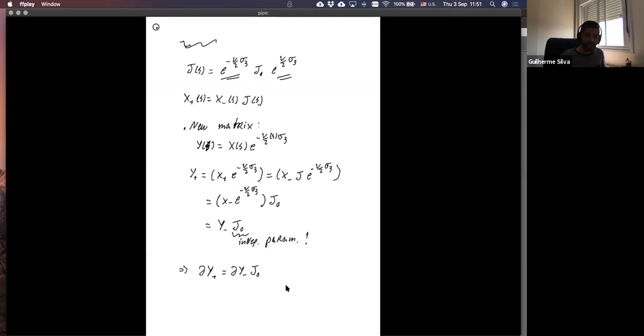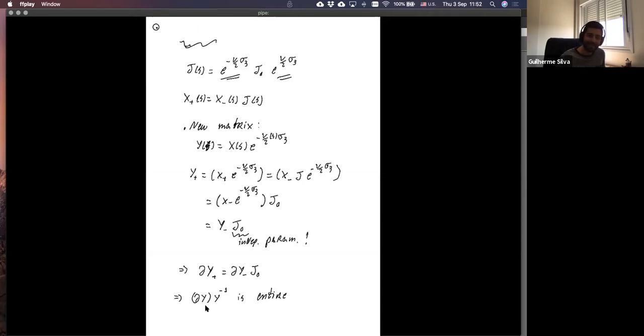Then if you do exactly the same calculation we did before, the derivative of Y with respect to the parameter times Y inverse is entire, because the jumps cancel.